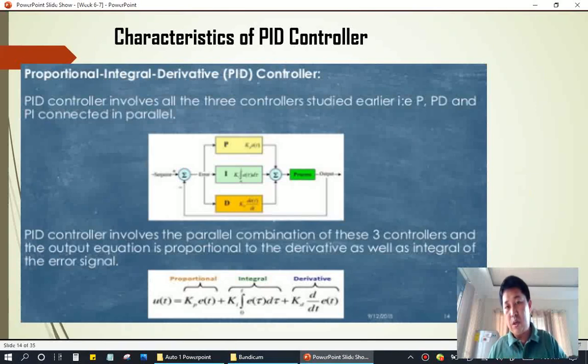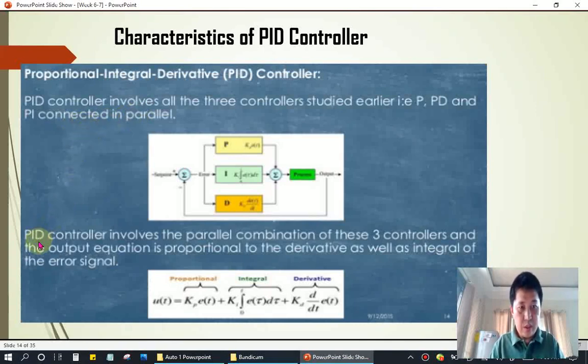So we also have here the characteristics of the PID controller. Proportional integral derivative, PID controller. The PID controller involves all three controllers studied earlier, PD and PI connected in parallel.